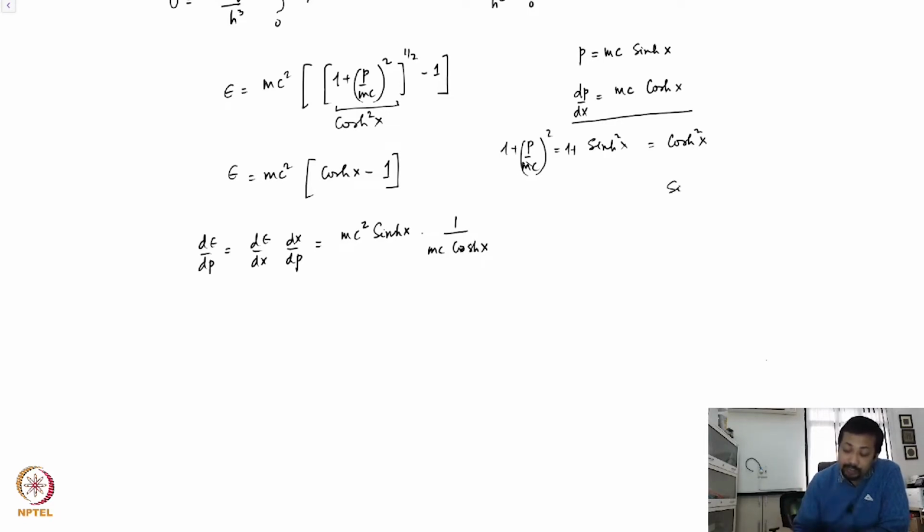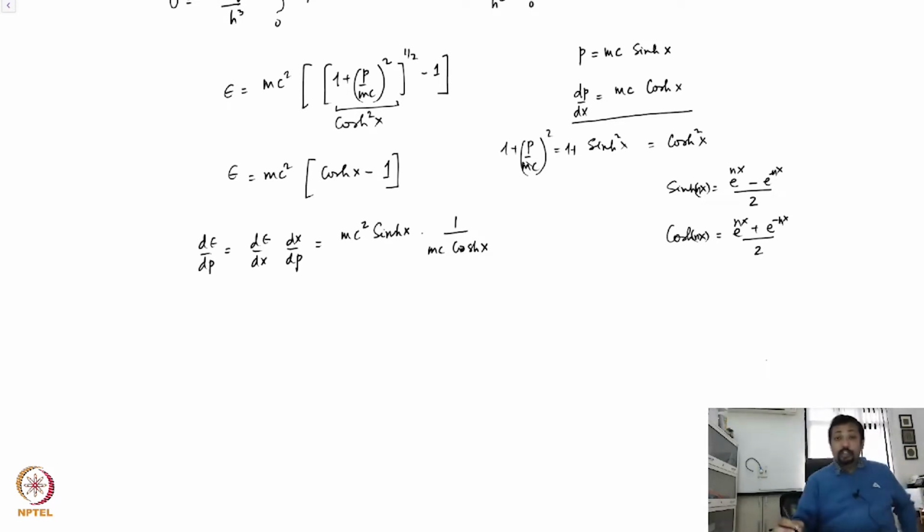Please remember that sinh x is (e to the power x minus e to the power minus x) by 2, and cosh x is (e to the power x plus e to the power minus x) by 2. If you have n sitting over here, this becomes nx. So this you can use to calculate derivatives if you are unfamiliar with these hyperbolic functions.